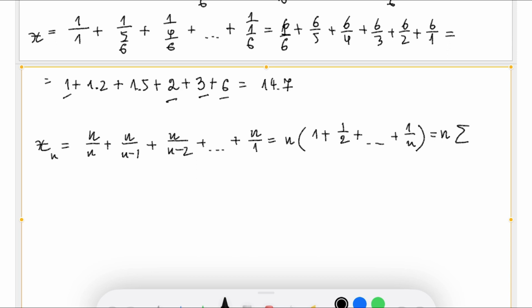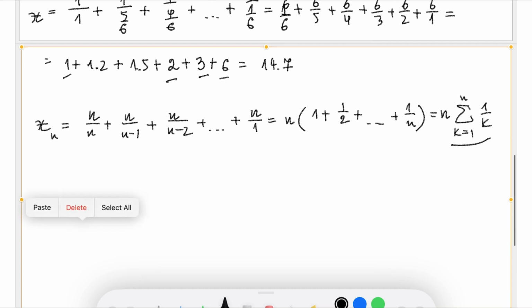So we will have in the end n times the sum from k equals 1 to n of 1 over k. And this sum can be approximated with something which I will show now. We can take a parallel to a non-discrete sum, which is nothing more than the integral.